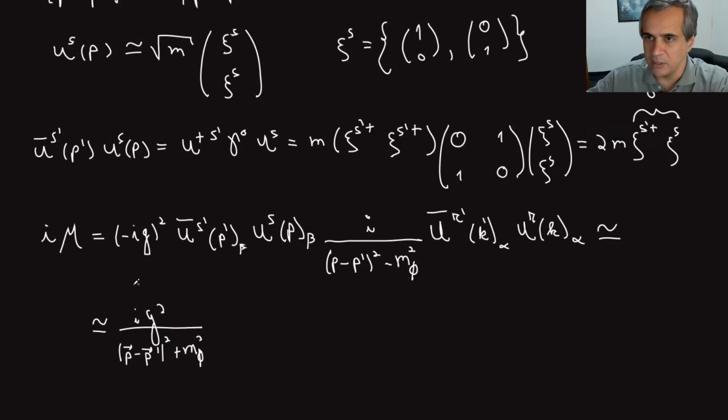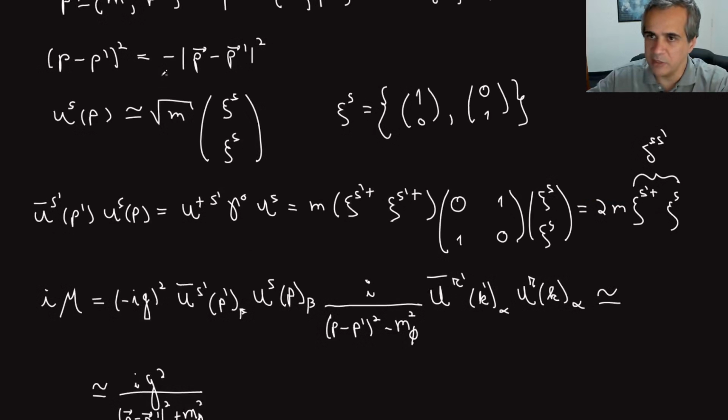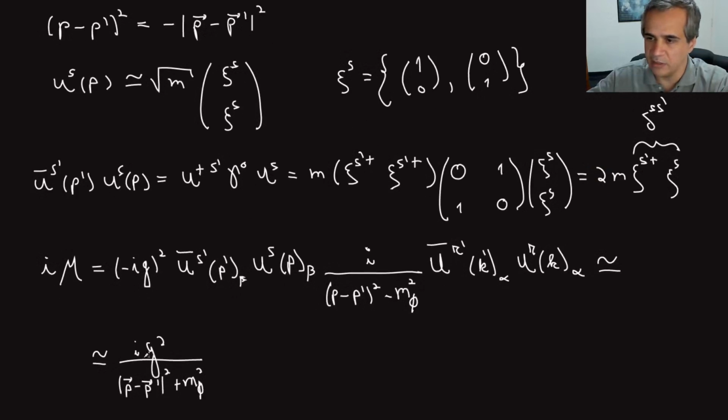I'm using this approximation right here, so there was an extra sign, and I hope all signs are properly taken care of. And for this expression, I'll use what I have here, right? It is just 2m δ_s′s and 2m δ_r′r.